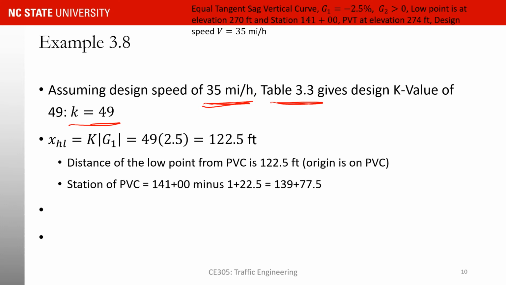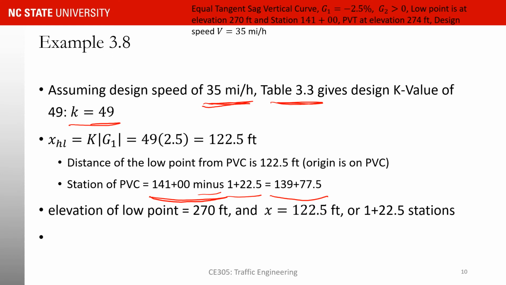The given station for the low point was 141. This was given in the problem. So we subtract 1 station and 22.5 feet. It gives you a station of 139 plus 77.5 feet for PVC.